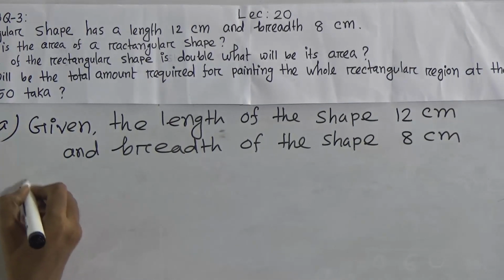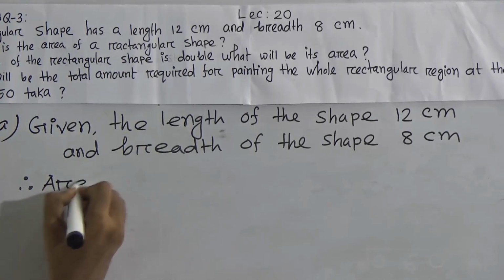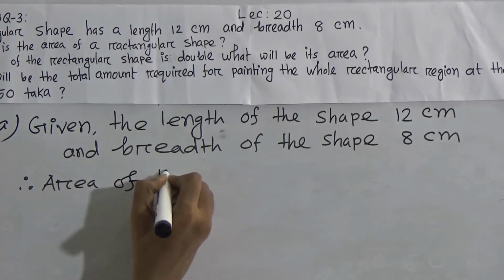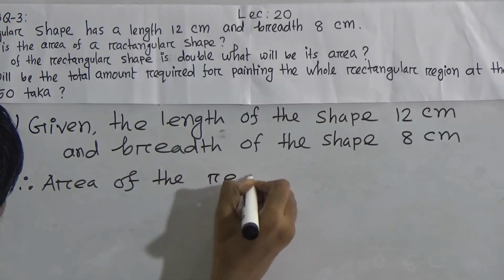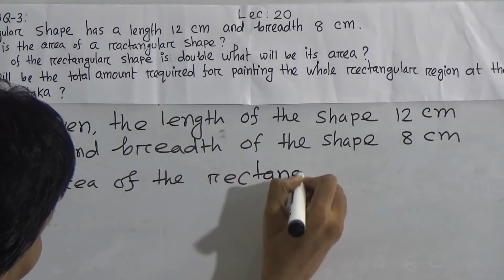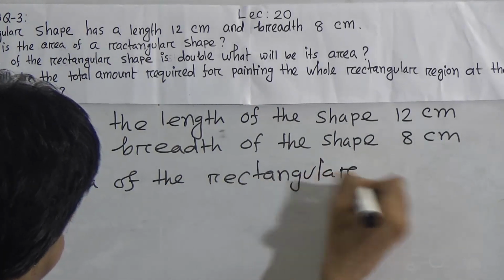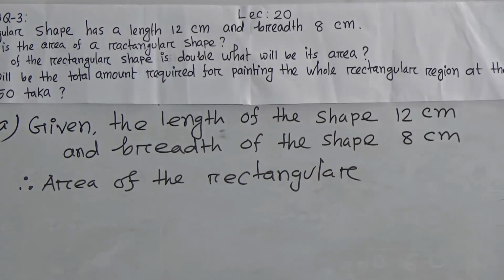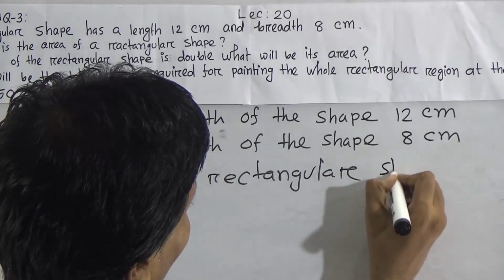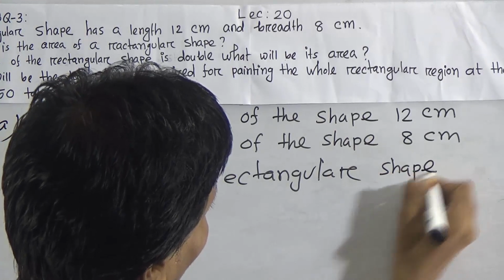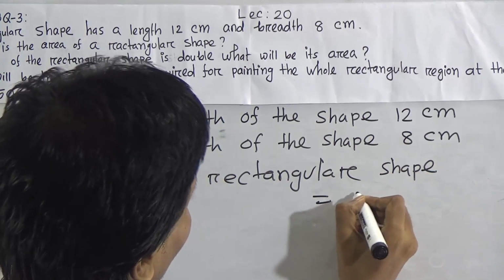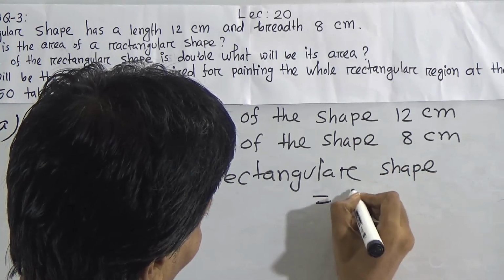Therefore, area of the rectangular shape equal to what?